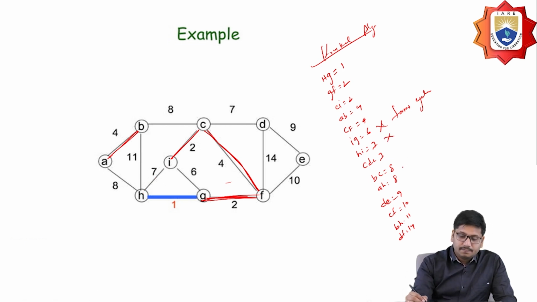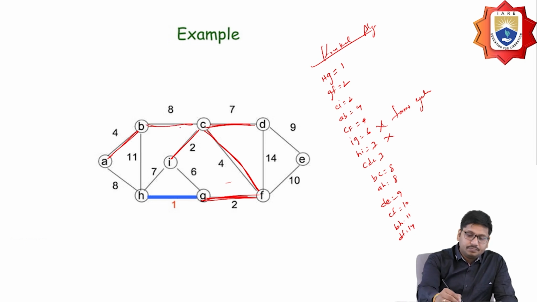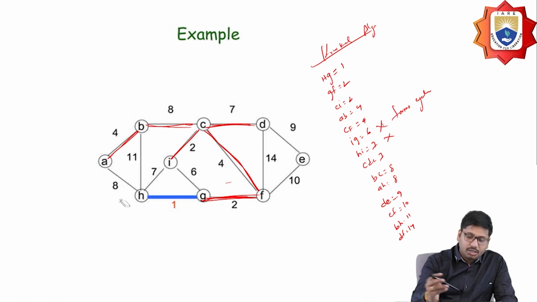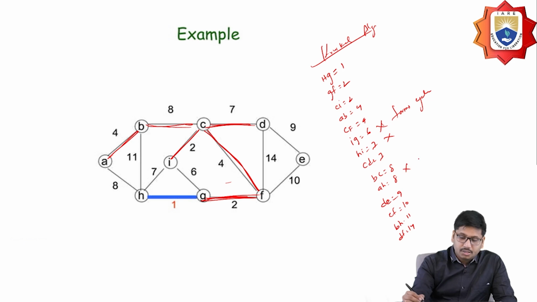And CD. And BC. AH. I'm not going to consider it, it is going to form a cycle actually. DE. EF. It is going to form a cycle actually. BH.